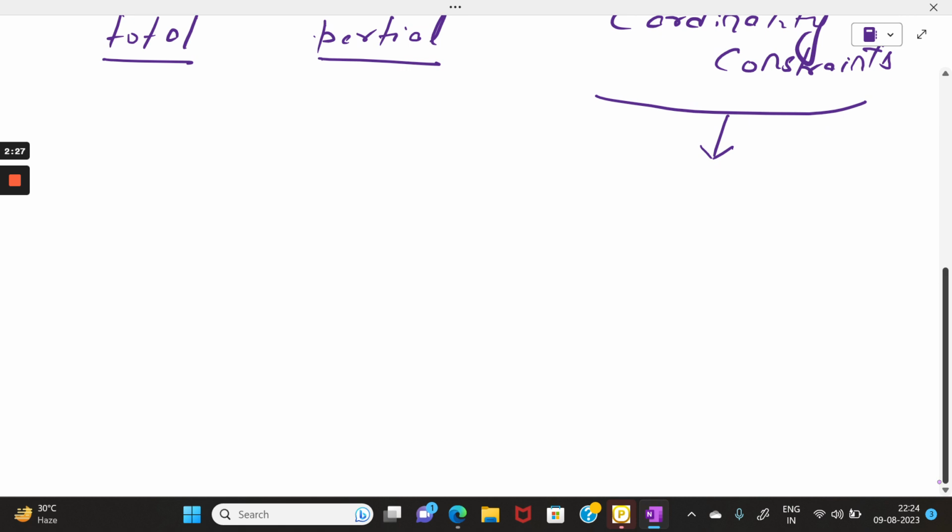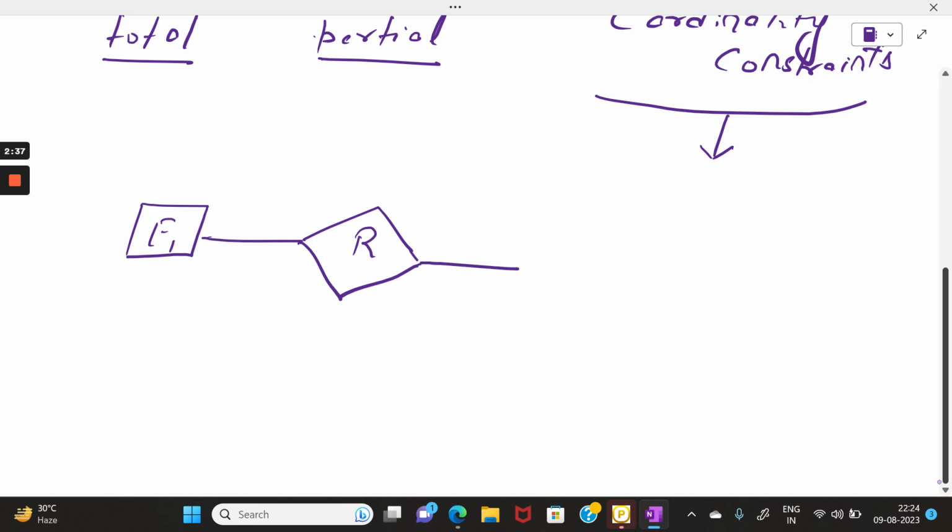Let's see an entity relationship model diagram with entity set E1, a relationship set R, and two more entity sets, E2 and E3.